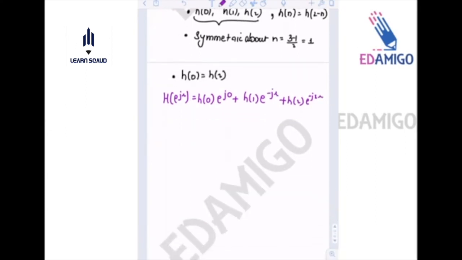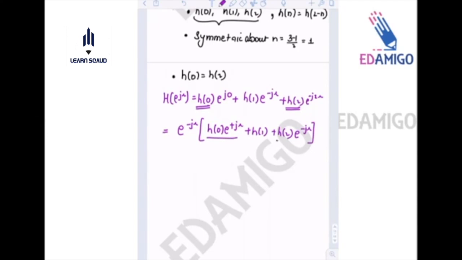Now since H0 and this term are equal, taking e to power minus j sigma common from the whole term, we will get e to power minus j sigma times H0 e to power plus j sigma, plus H1, plus H2 e to power minus j sigma.